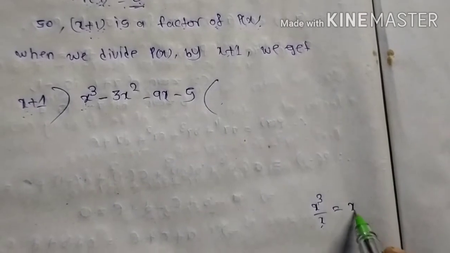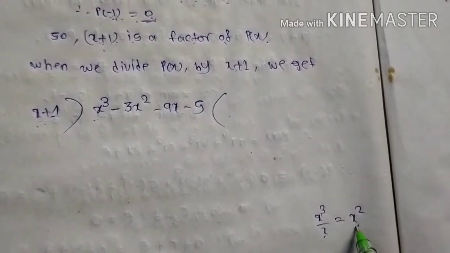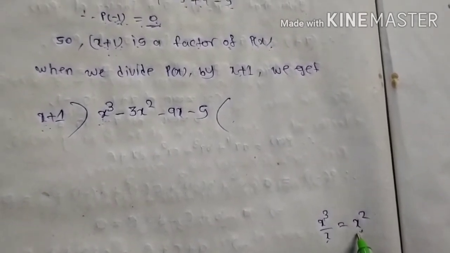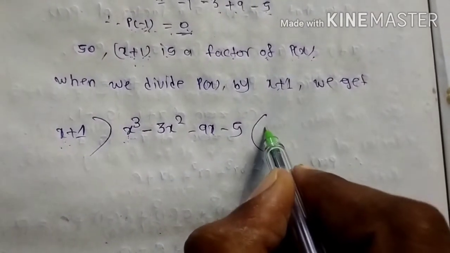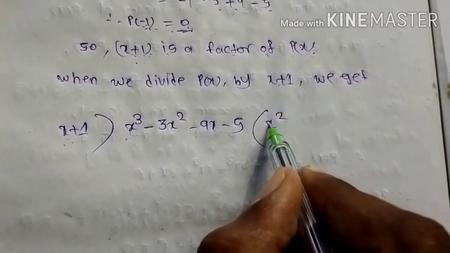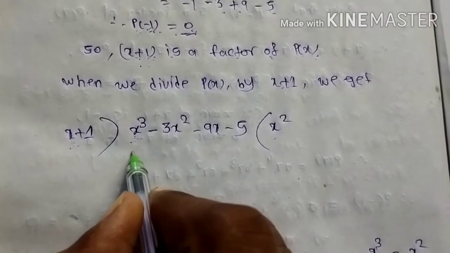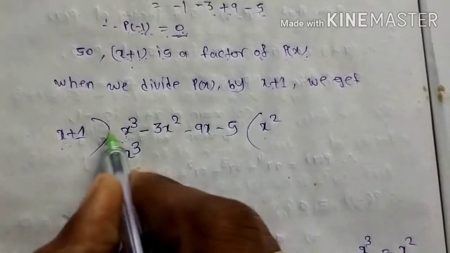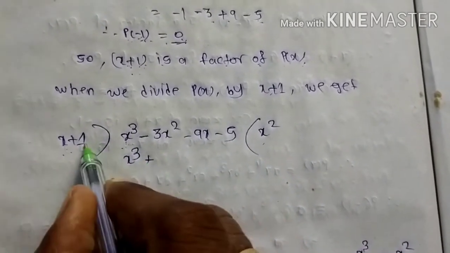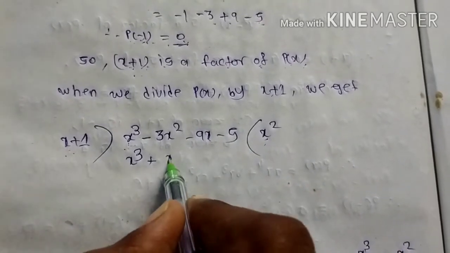You will get x square, or not? So this is the first term in the quotient. So you can write here the quotient as x square. Now you can multiply x square into x, you will get x cube. Yes or no? Yes. Here plus x square, 1 into x square only.